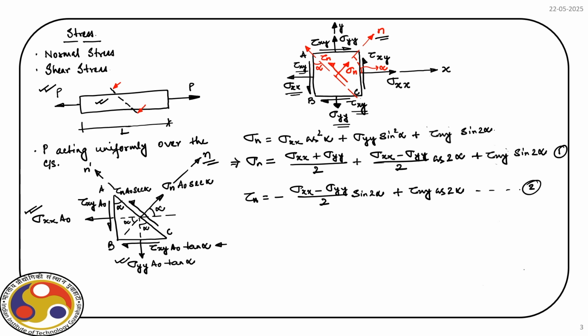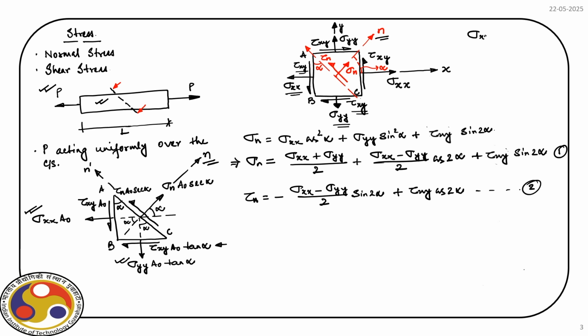Now, what is the outcome of this discussion? If we have a stress field defined by what? Sigma xx, sigma yy and tau xy. Obviously, we are in 2D. So, the 2D stress field is defined by two normal stresses and one shear stress.